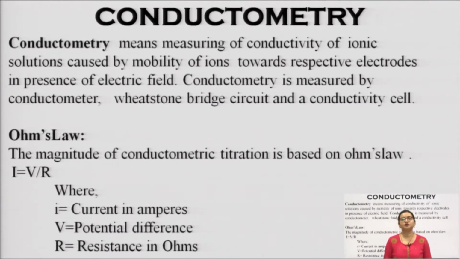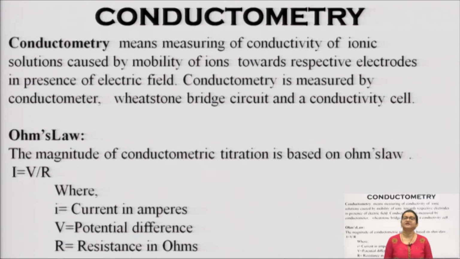First of all, to understand conductometry measurements, or conductivity titration, we should know Ohm's law. As we all studied in school, we have already studied Ohm's law. What do you mean by Ohm's law?